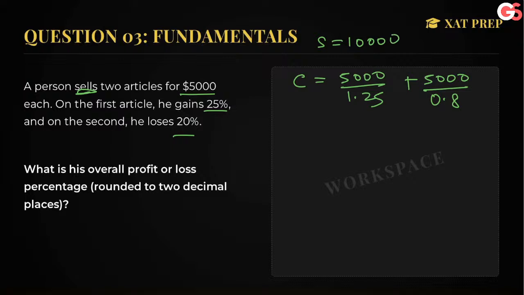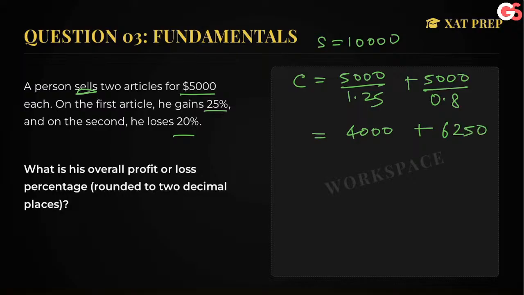We can also use the successive percentage change. This becomes 4,000. This becomes how much? 4/5 of this, how much will it be? 25,000, 6, 2, 5, 0.